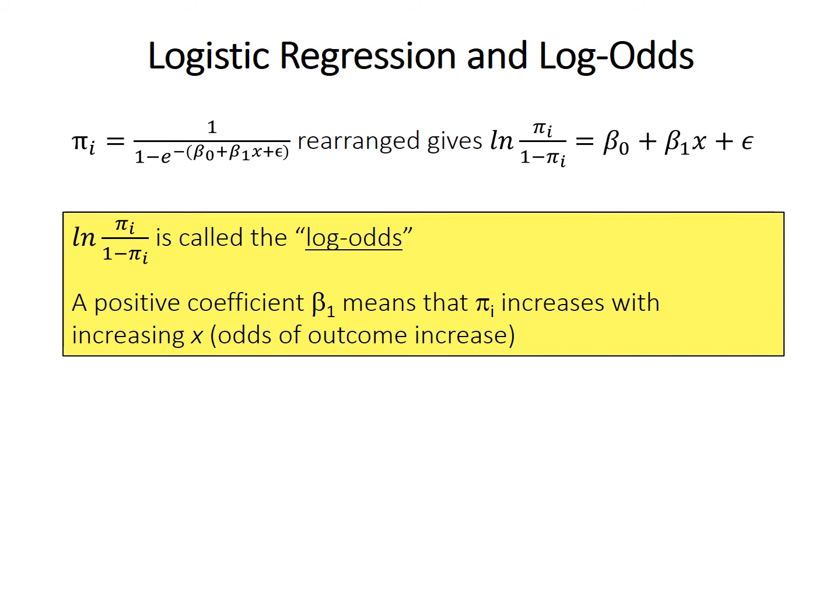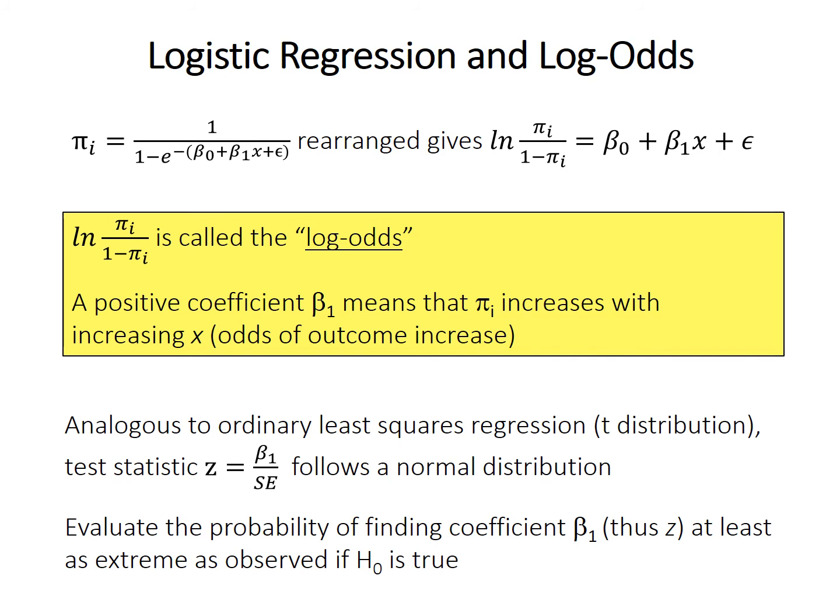And so these are log odds because we're taking the logarithm of that odds. So in our equation here, a positive coefficient beta 1 means that the odds of the outcome increase, and so the probability pi i also increases. So as the independent variable x increases, the odds of the outcome also increase.